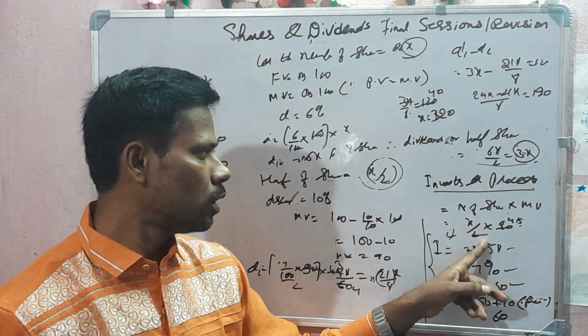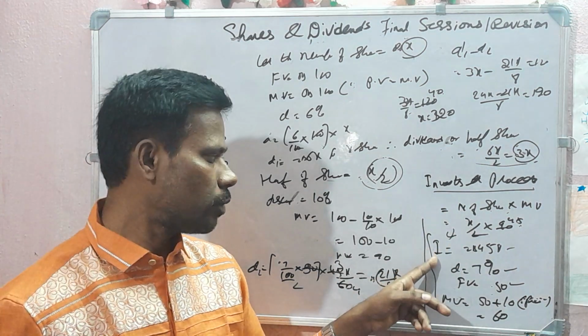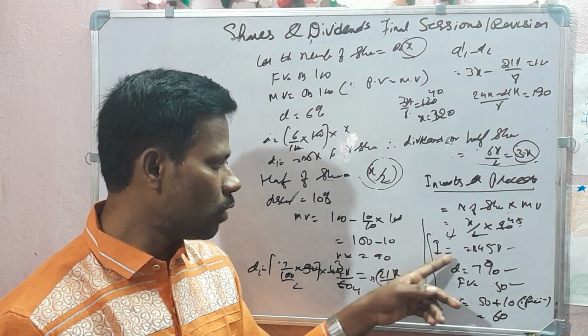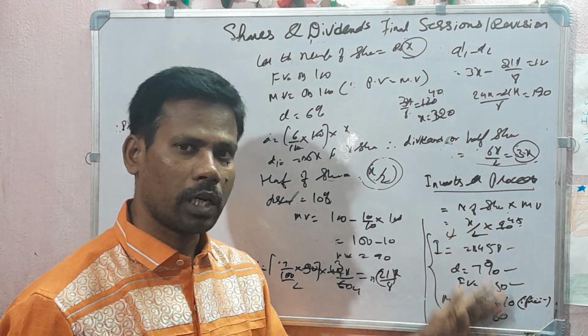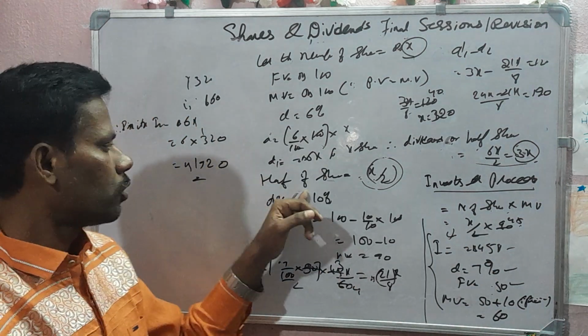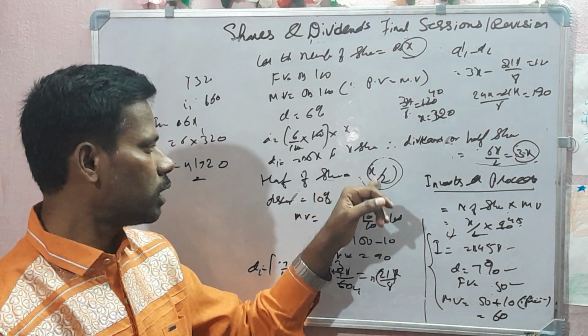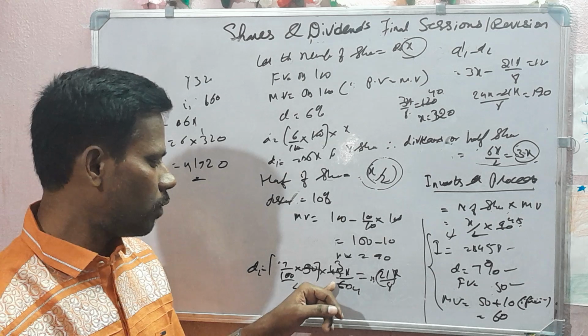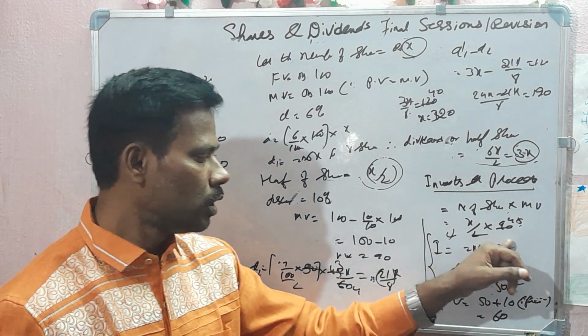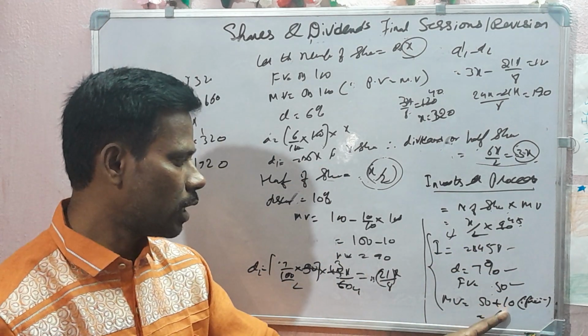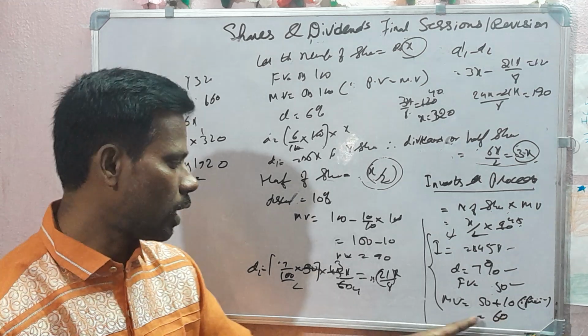Please remember this. So this becomes the investment for the next case. So the investment is this one, dividend, and again write down all the conditions. Half of the shares is x by 2, discount 10% given, so market value 90. In case 2 they use the word premium, so I added.